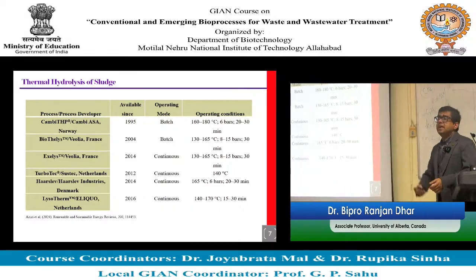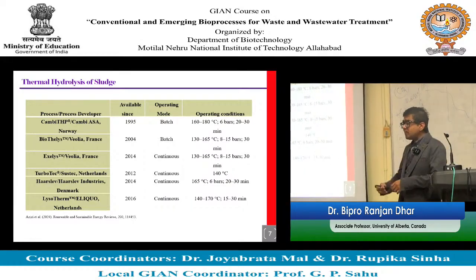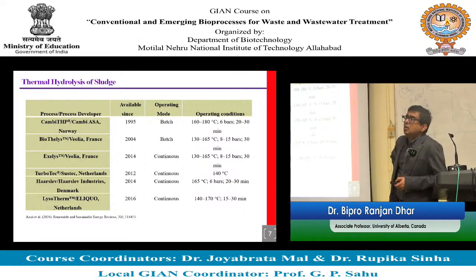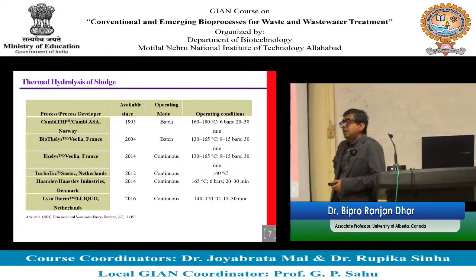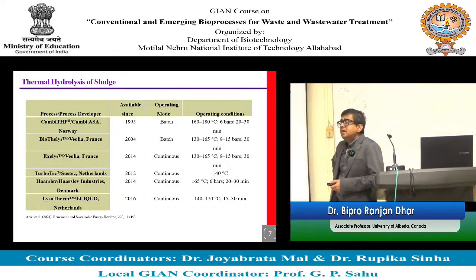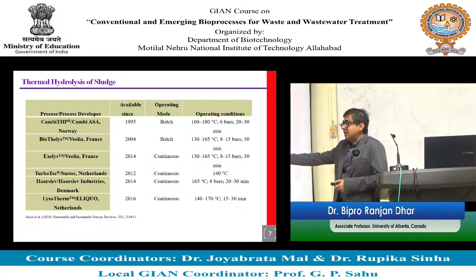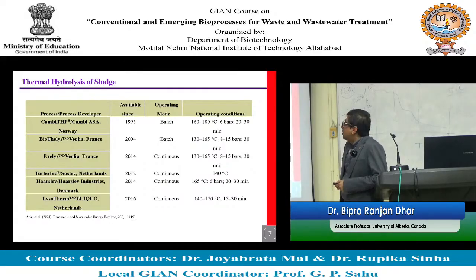Even in Canada right now, for example, I can tell the wastewater treatment plant in our city. Most of the time, wastewater treatment plants are very close to a river. Why is that? Because after you treat the wastewater, you want to discharge it to the river, right? So in our city, the wastewater treatment plant is very close to the river, and after that there is a park and then a residential community.